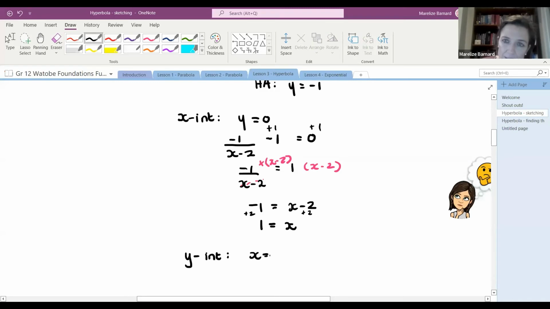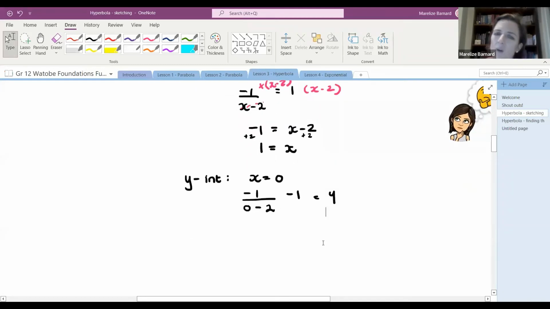For our y-intercept, x is equal to 0. The y-intercept always feels so much easier than the x-intercept, I don't know why.